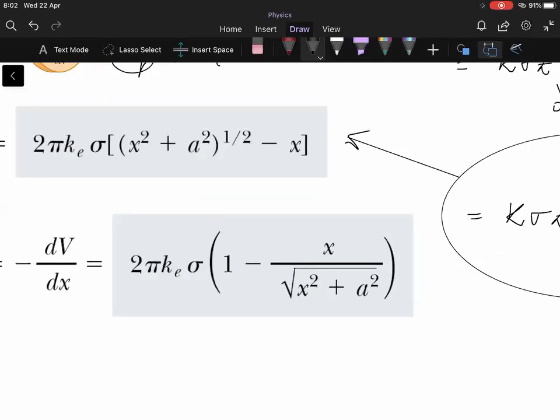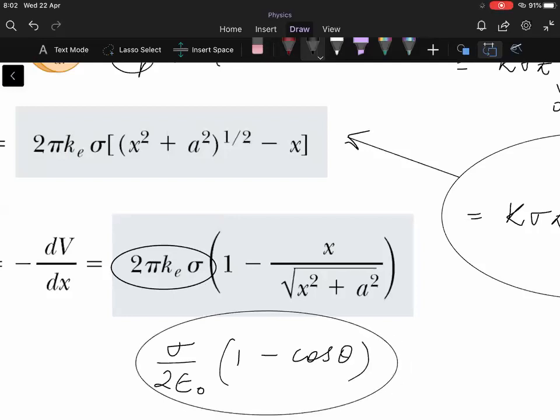This term is nothing but sigma by 2 epsilon naught, 1 minus cos theta. If you remember, for the disk we had already done this derivation, electric field on the axis of the disk. Now within the gap of 2 sessions, that is of 5 minutes, complete the entire thing.